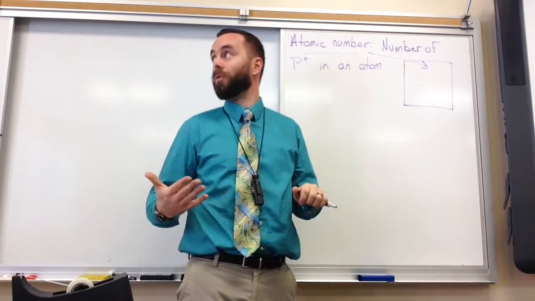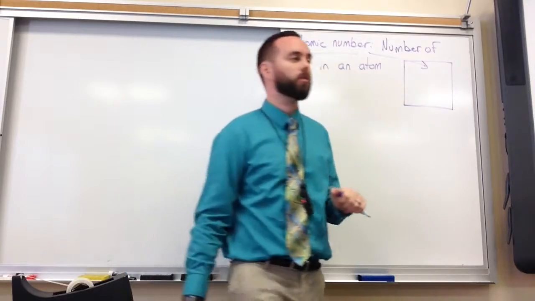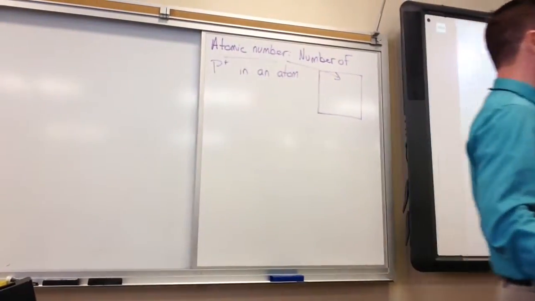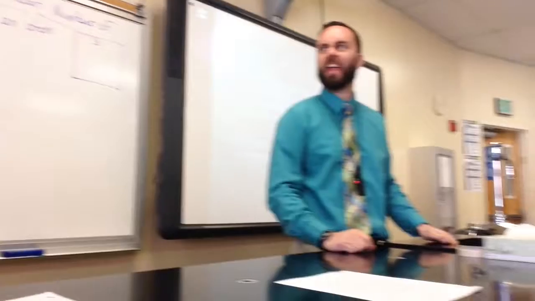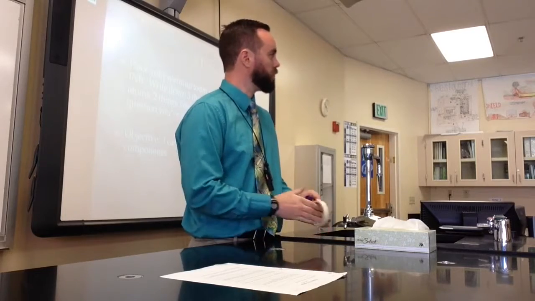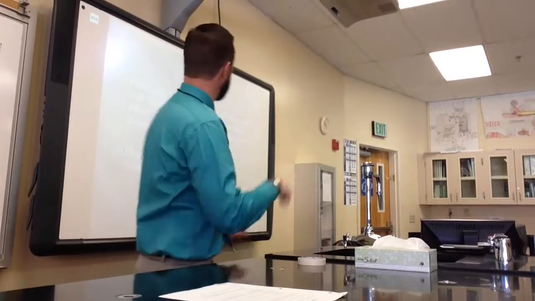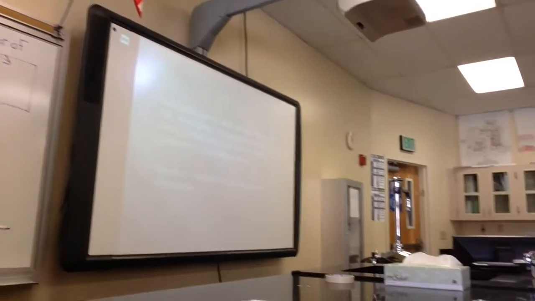Everybody knows gold, but they don't know the symbol for gold. It's AU. Some people know the symbol for gold. You guys find AU on there? It should be number 79 or so, bottom center. Okay. How many protons? 79. How do you know? It's the atomic number. So that number in the box tells you how many protons are there.